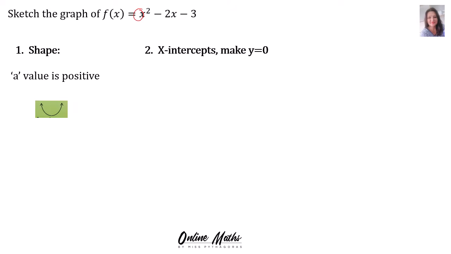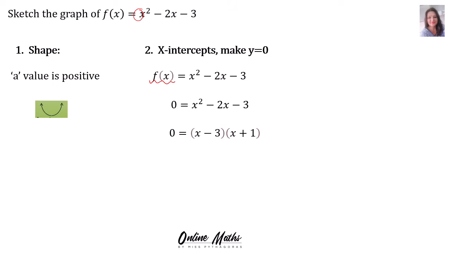The next thing we will work out is the x-intercepts, and for x-intercepts make y 0. There's your function. Remember, f of x is the same as y. Therefore, we can make f of x or y 0, so 0 equals x squared minus 2x minus 3. And then we can factorize.